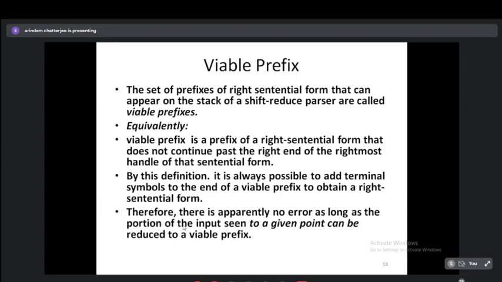So if you have more than the required number of symbols, you won't be able to find a handle. That means it is always possible to add terminal symbols to the end of a viable prefix to obtain a right sentential form.